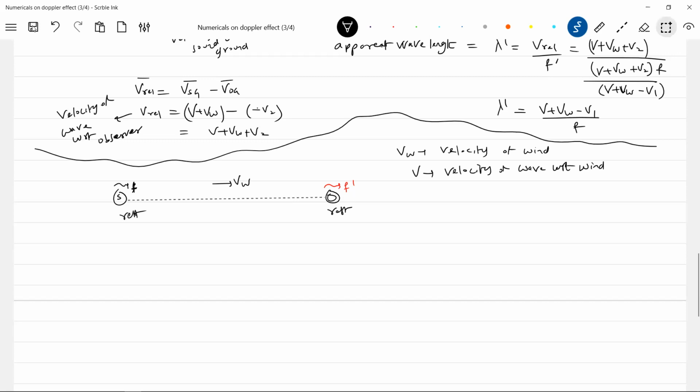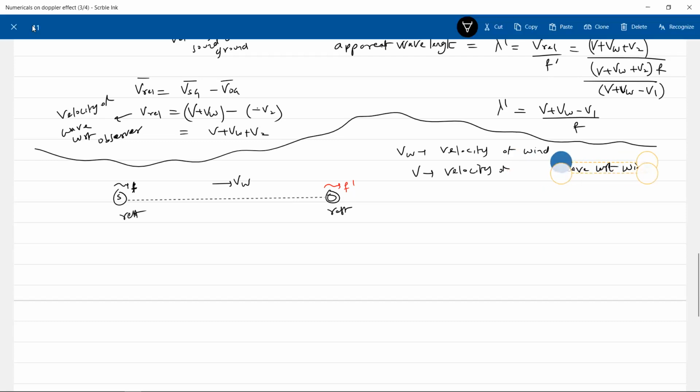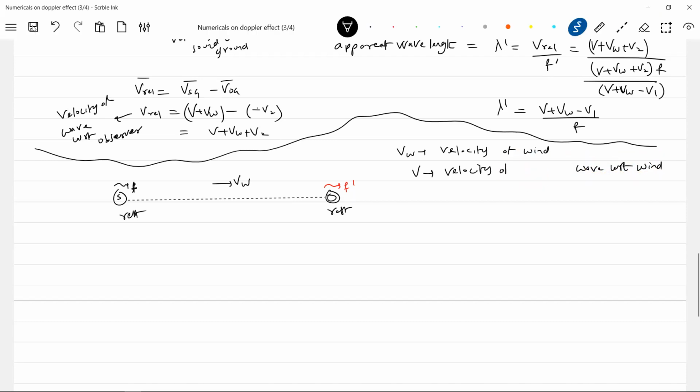Velocity of sound wave. Again, wave means you think some other thing. Velocity of sound wave with respect to wind. Okay, let's discuss now. First, what is apparent frequency? Again, we should know velocity of the wave with respect to ground, no? I think the symbols are a little bit confusing, try to manage.